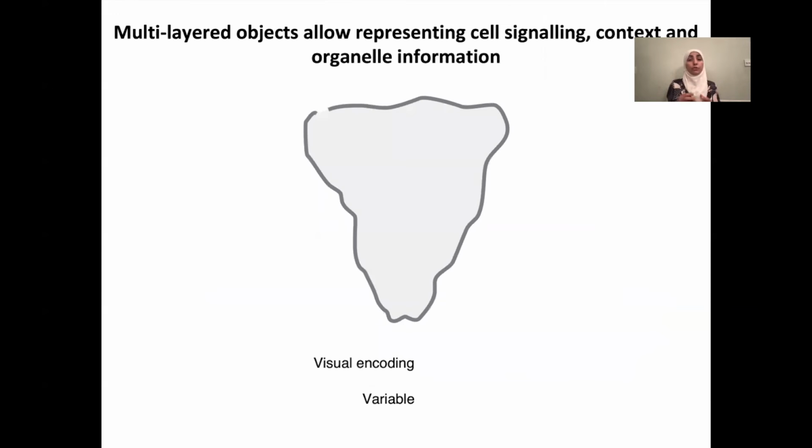So using ShapoGraphy, I used different combinations of objects to represent different signaling activities, the cell context and organelle information. For example, here I drew this custom shape for the cells.